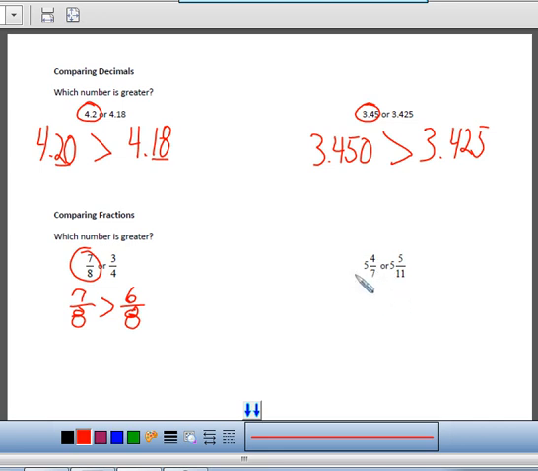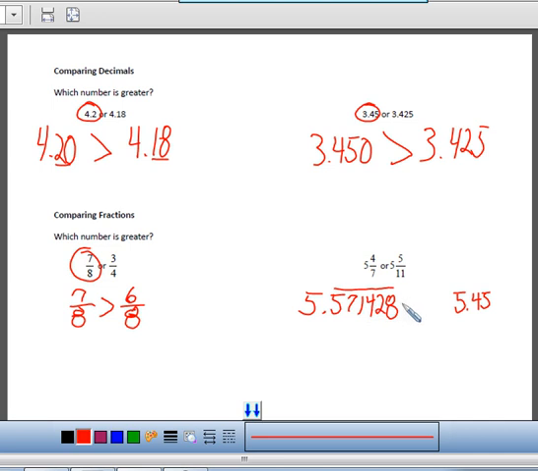Well, this one just happens to be a pretty rough-looking decimal, too. 5 and 4/7 is 5.571428, and all 6 of these digits are repeating. 5 and 5/11 is 5.45, and the 4 and the 5 are repeating.